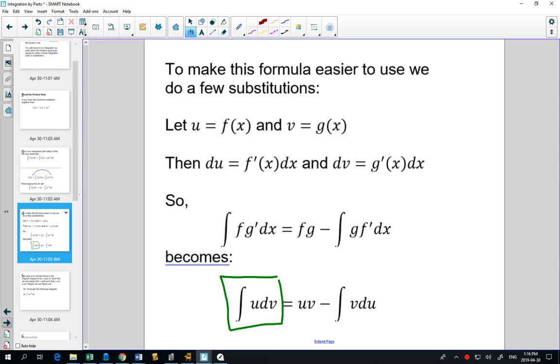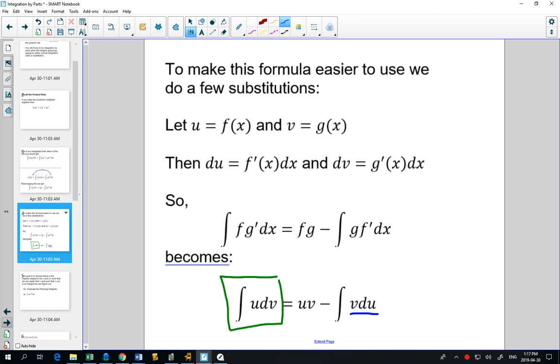If we do that, we hopefully can work backwards from whatever we decided dv was to find v. And we can take the derivative, that's always easy, to find du. And hopefully what appears in here is something that we can do with our standard integrals or with integration that we know up till now.